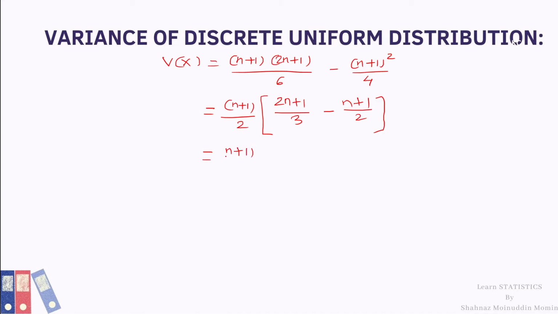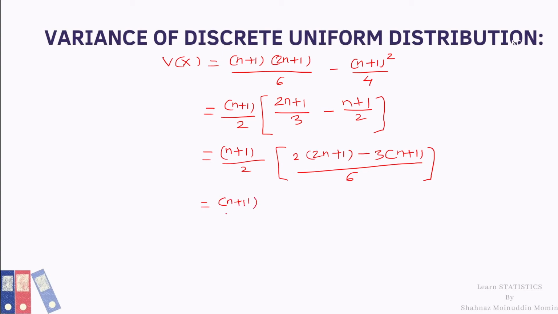By taking LCM, it is [2 into (2n plus 1) minus 3 into (n plus 1)] divided by 6.